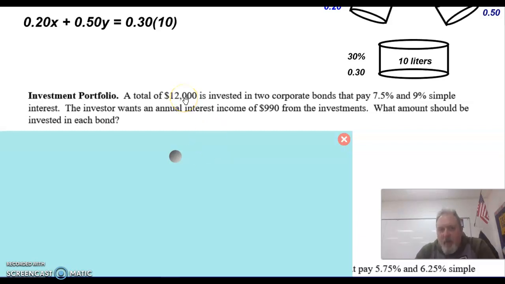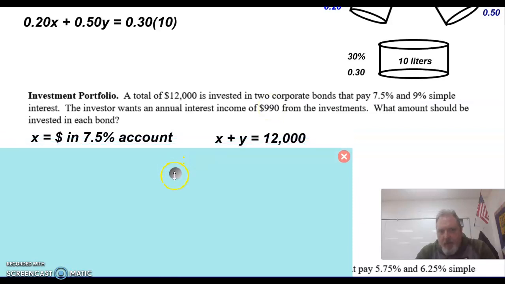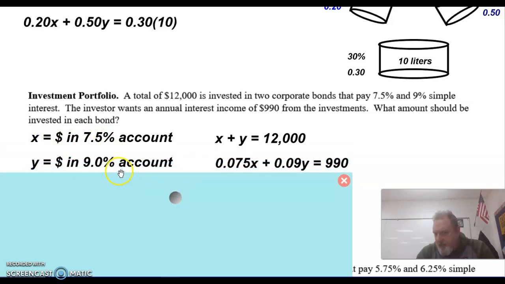So we've got $12,000 invested, two different bonds here, 7.5%, 9%. We want to earn our interest. So we'll start with our variables. We have X dollars in the 7.5% account. We have Y dollars in the 9% account.